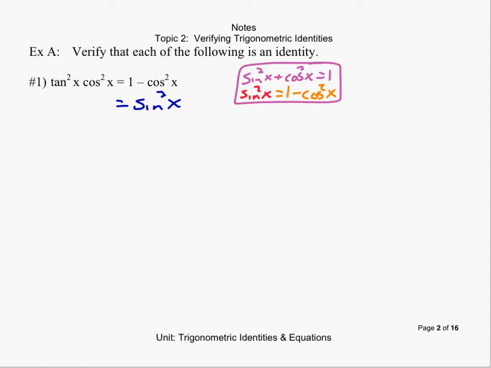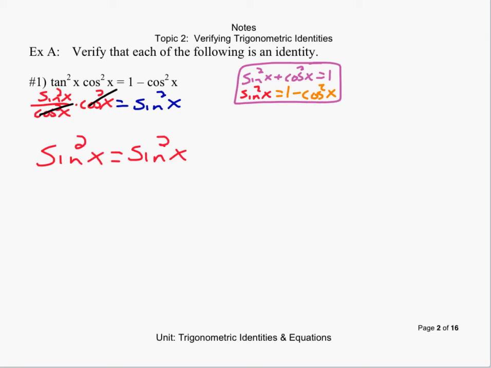Tangent squared of x can be written as sine squared of x divided by cosine squared of x. And then we already have a cosine squared of x over here. Hopefully you can see that the cosine squareds cancel because you have one on the top and bottom of the fraction. Now we're finished because the left side says the exact same thing as the right side.